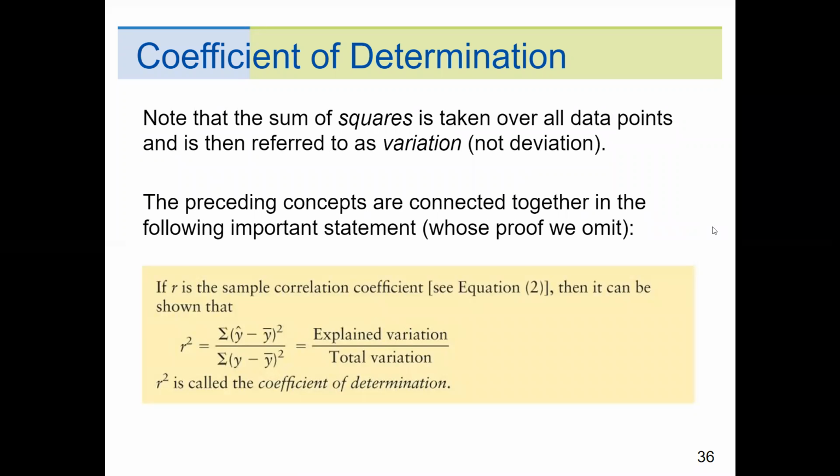Note that the sum of squares is taken over all data points and is then referred to as variation, not deviation. The preceding concepts are connected together in the following important statement, whose proof we have omitted. Here's your little statement that you want to be aware of.